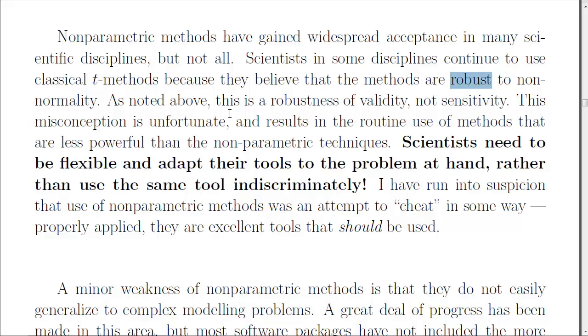Okay. As noted above, this is a robustness of validity, but not sensitivity. This misconception is unfortunate and results in the routine use of methods that are less powerful than nonparametric techniques. We'll see this below in a second. Scientists need to be flexible and adapt their tools to the problem at hand rather than use the same tool indiscriminately.